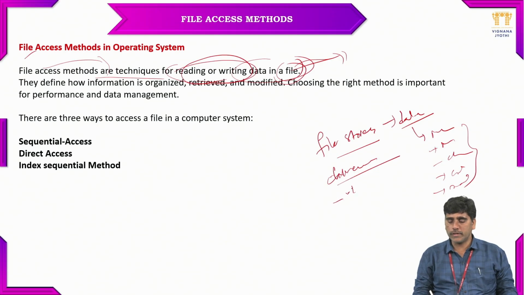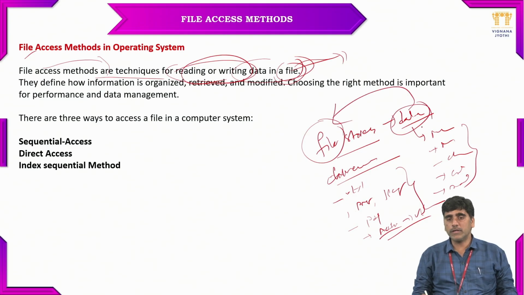For example, a .txt file stores text data, a .png file stores image data, a .jpeg file stores image data, a .pdf file stores PDF data, and a video file extension stores video data. Like that, all the different types of files are available. Different types of data can be stored in different types of files.